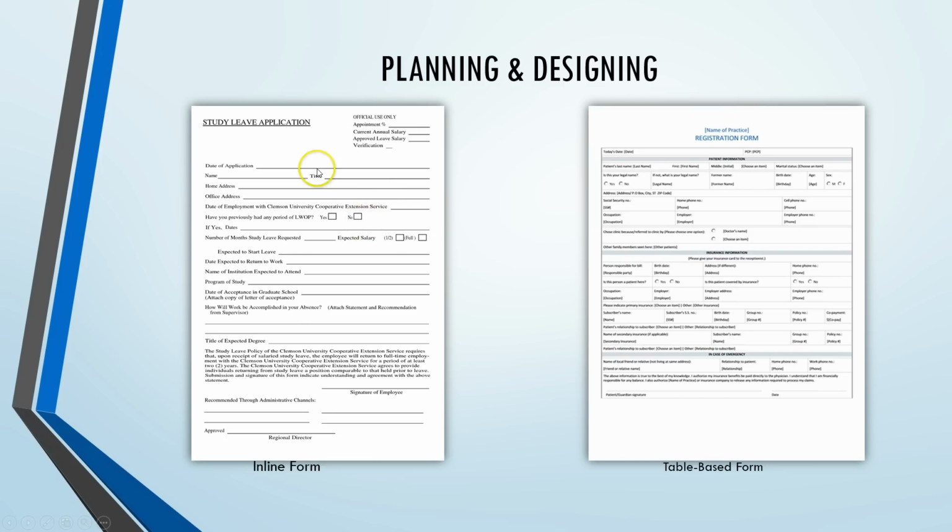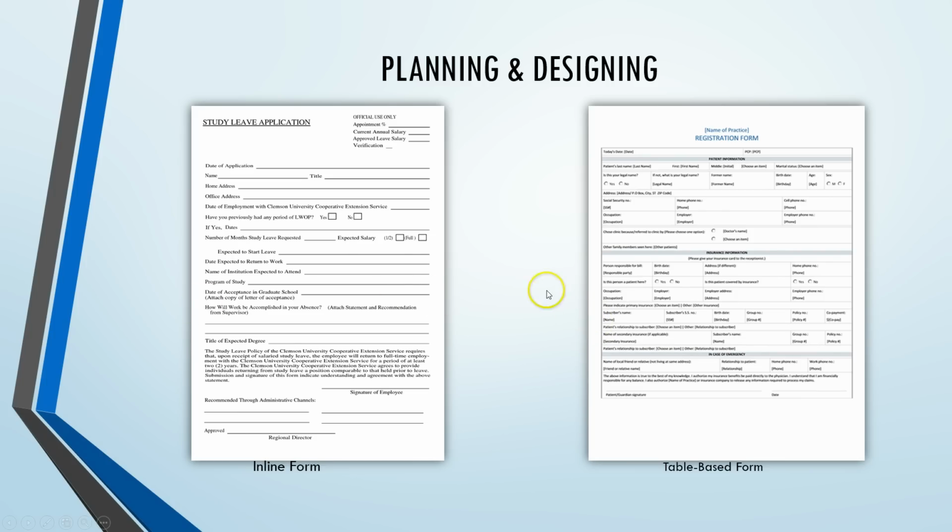This method is perfect for a printed version of the form that the applicant is going to fill out by hand. For the table-based form, it gives us a little bit more capabilities, as in we can color the background of the cell so it stands out and divides our form up very nicely. We can also resize each of the cells to fit our data that we need to fill in.